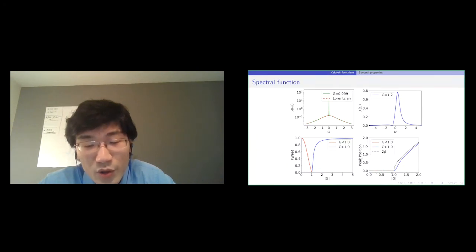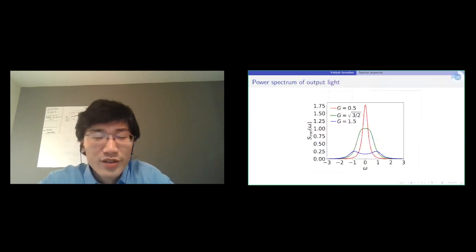You can see that below the critical point it's always peaked around 0, but as G is increasing, there's a symmetry breaking. It's not peaked around 0 anymore, but the peak position is actually defined by the effective detuning, negative 2 pi.